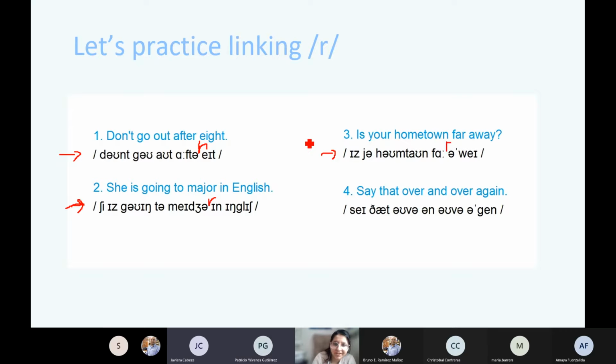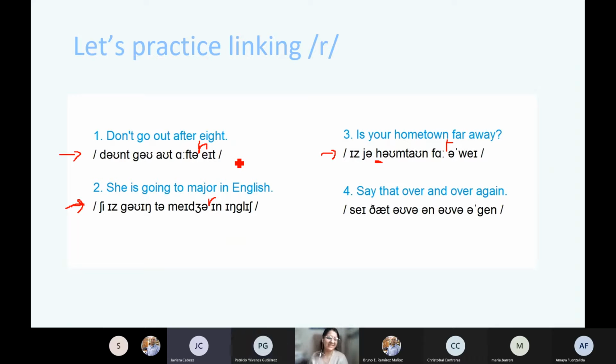Okay, can you pronounce using the R right there? Is your hometown far away? Perfect. We had the linking R after far. So that was right. Thank you very much. I was thinking about that in your we need to add it too, but the next one is not a vowel sound, right? Yes, that's a glottal. It's a consonant.